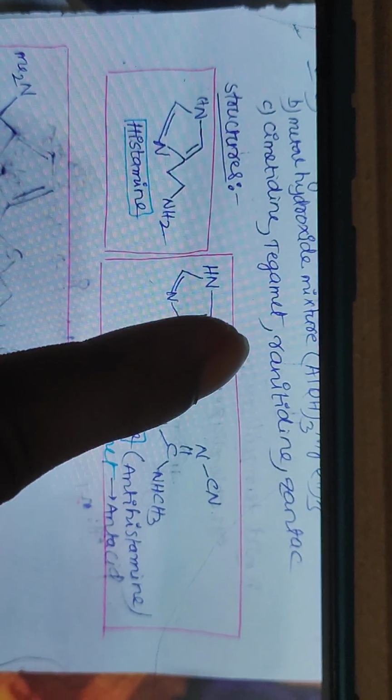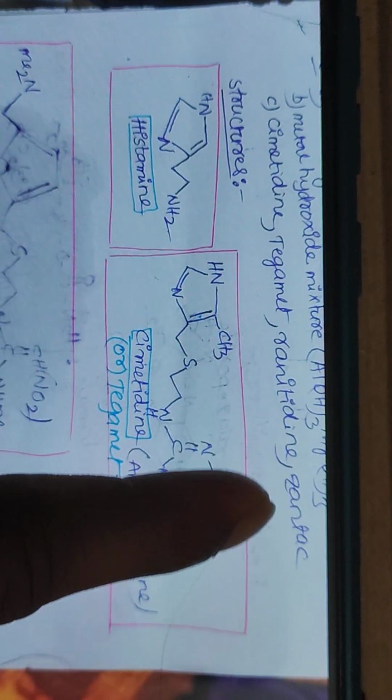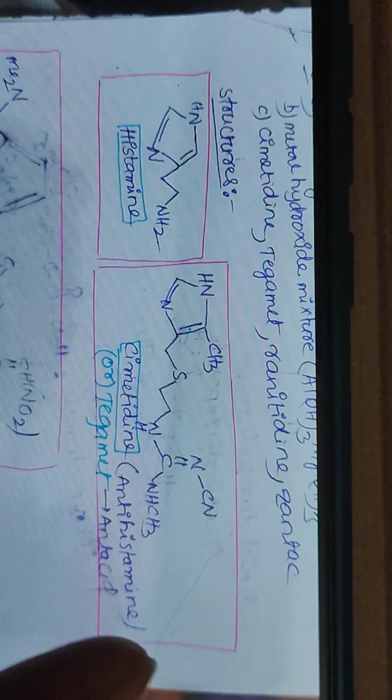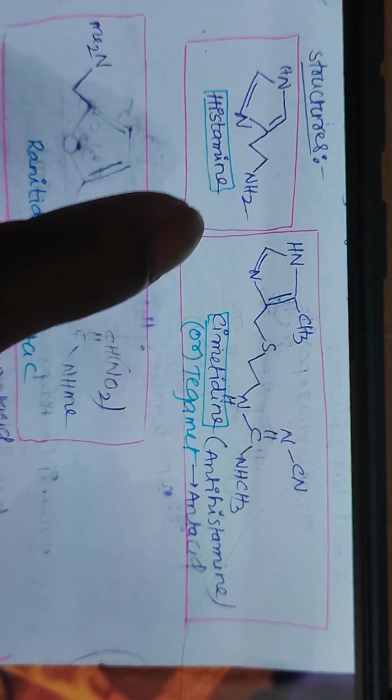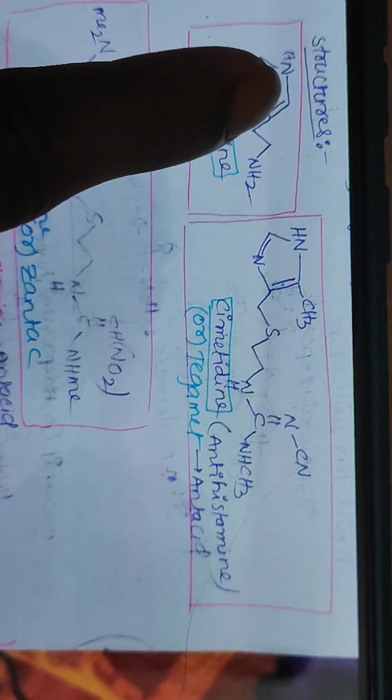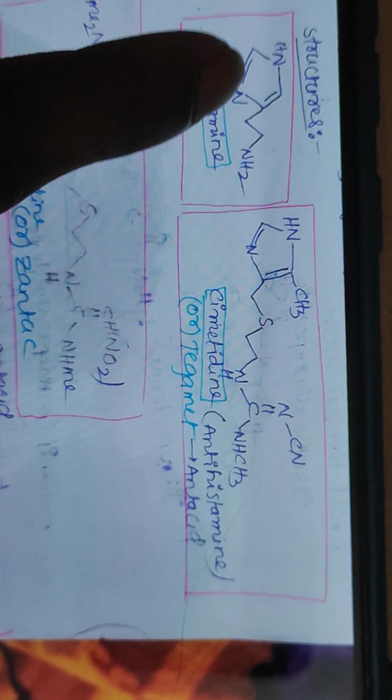Next, some more examples for antacid are cimetidine, Tagamet, ranitidine, Zantac. If you observe the diagrams, the histamine structure has nitrogen, NH, and a ring, with NH2.